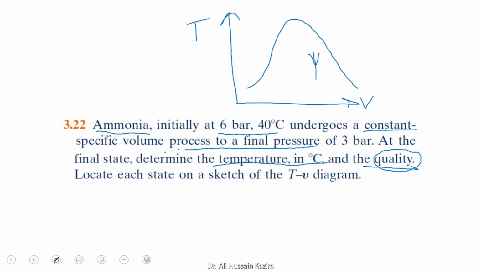By equating V1 equals V2, that the initial specific volume equals the final specific volume. The initial specific volume we will find from the table.